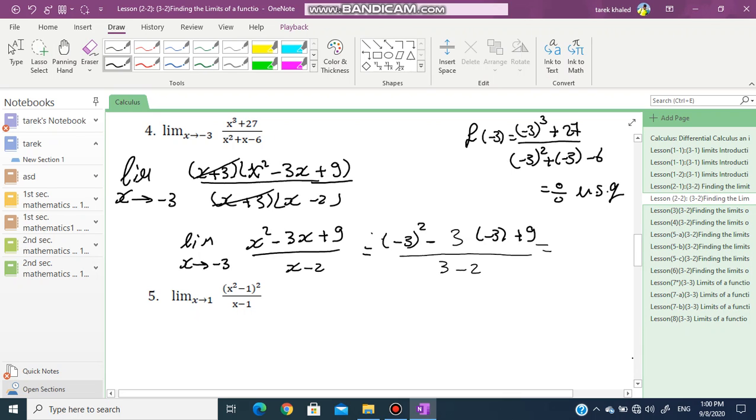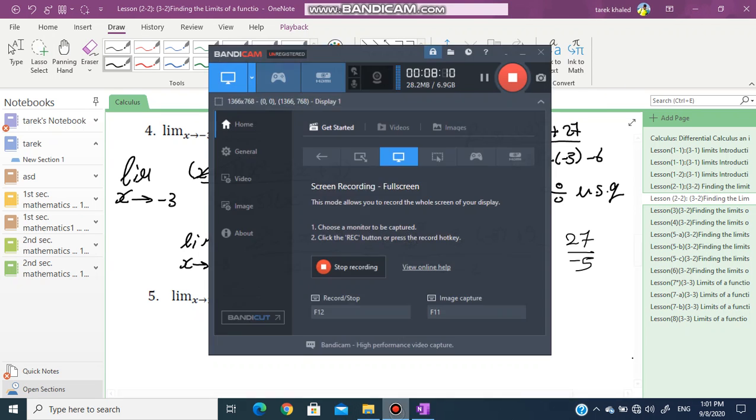The numerator is 9 plus 9 plus 9 equals 27, and negative 3 minus 2 equals negative 5. So the value of the limit equals 27 over negative 5.